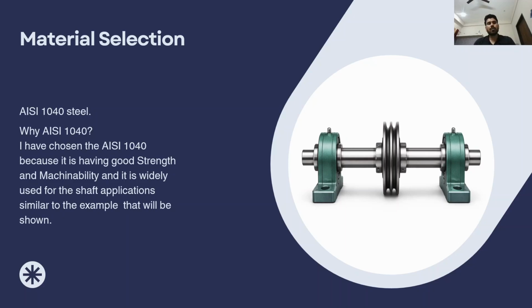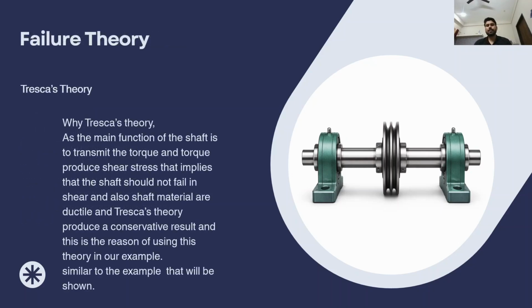Just quickly go to the material selection. Why I have selected AISI 1040 steel is because it has good strength, and from a machinability point of view it is also good, and this is a widely used shaft material in the industry. That's why I have selected this material. And for failure theory I have selected Tresca's theory.